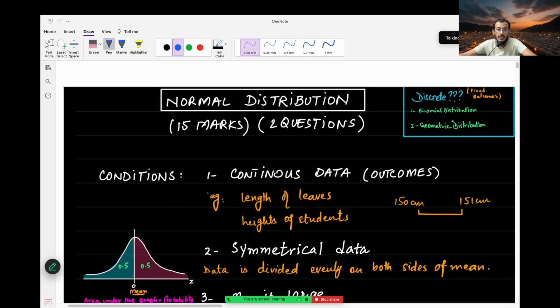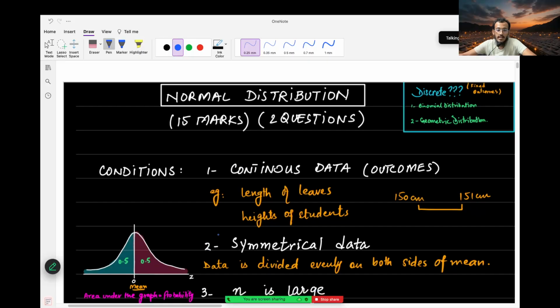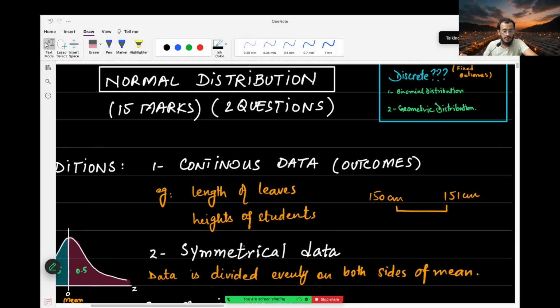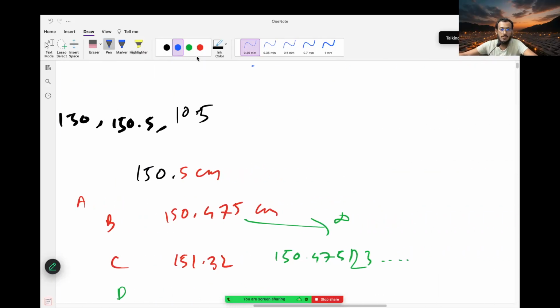And the second condition or the second characteristic for normal distribution is that it has symmetrical data. Symmetrical means data is divided evenly on both sides of the mean. You remember line of symmetry, Hamad? Yeah, I do.